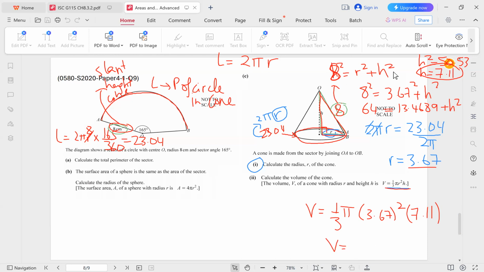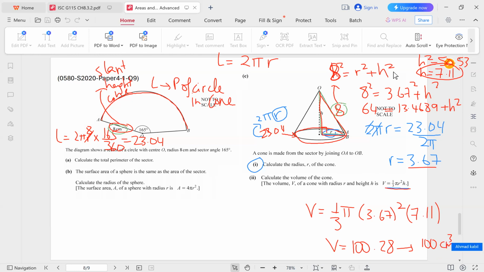So 1 over 3 multiplied by pi multiplied by 3.67 squared multiplied by 7.11, you get 100.28, or just simply 100 centimeters cubed.